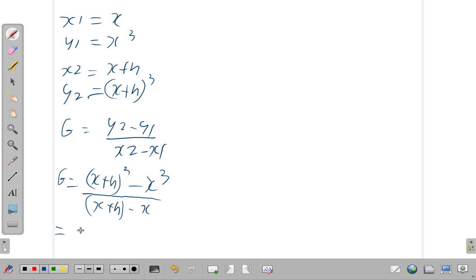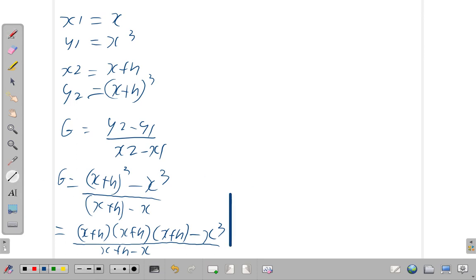So what you have is x plus h cubed, which is x plus h, times x plus h, times x plus h, minus x cubed, all divided by x plus h minus x. Alright, let us partition the board and continue working over here.